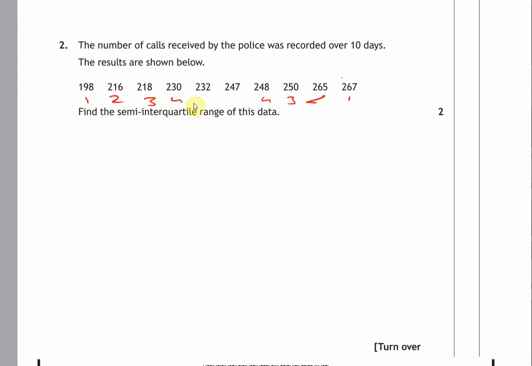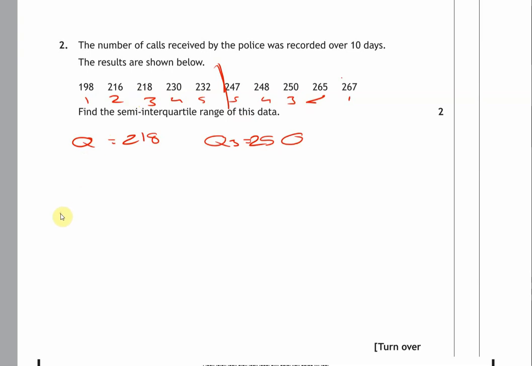So that means that our individual quartiles, this is number 1 and this is number 2. So we can see that Q1 in this case is going to be 218, and we can see that Q3 is going to be equal to 250.